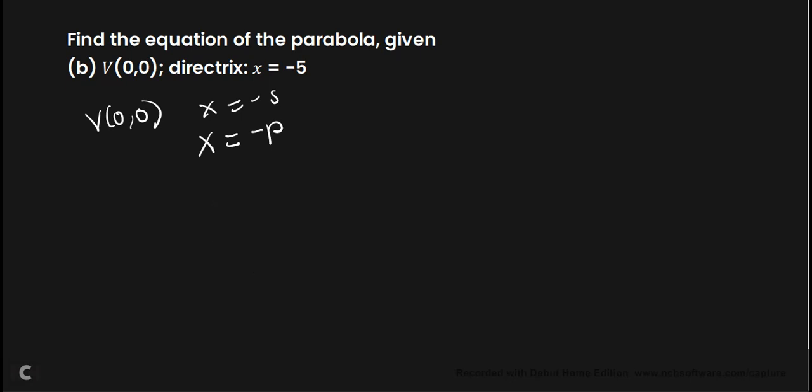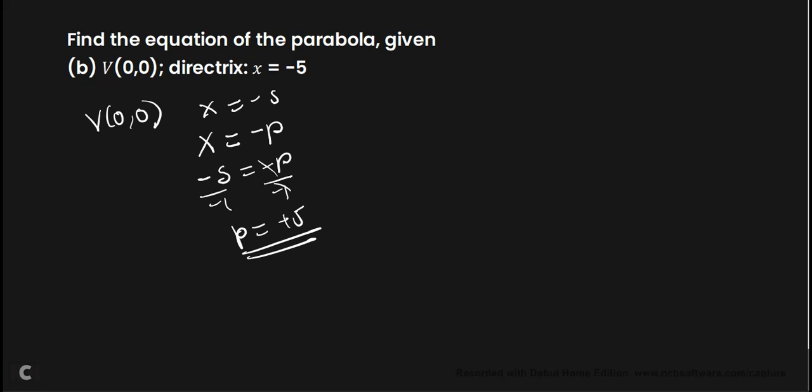So what you do is you get that negative 5 and put it where there is x equal to negative p, and you find the value. The answer is positive 5. So positive 5 is the p.